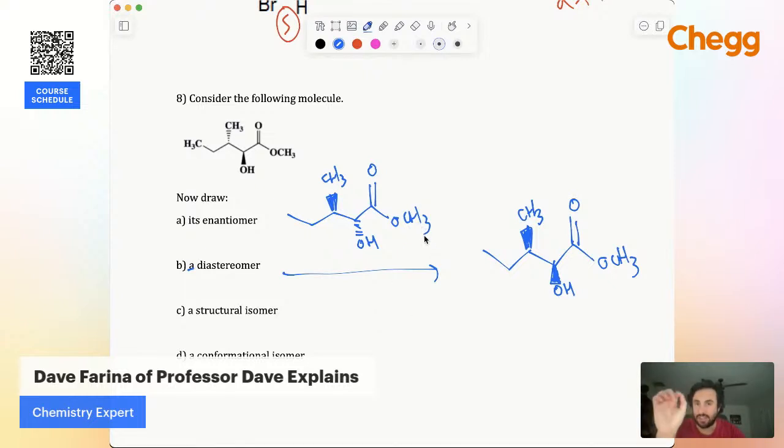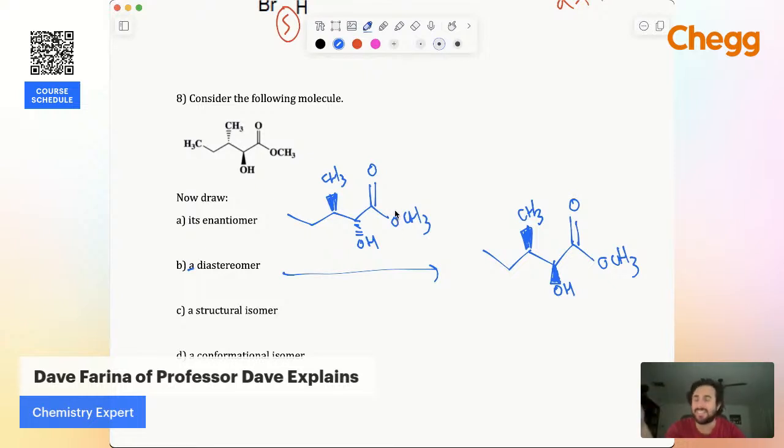Right, it's a narrower type of isomer. So this molecule and the enantiomer and the diastereomers have the same atoms connected in the same way, but they differ in the way they are distributed in three-dimensional space. That's what a stereoisomer is. A structural isomer has different connectivity.